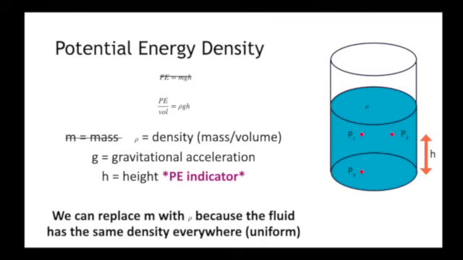And so our potential energy density is equal to rho g h: density times gravitational constant times height. The reason we have rho here instead of just the mass m like we had in 7A is, again, density. So we just switch out kilograms for kilograms per meter cubed, or whatever units we're using.